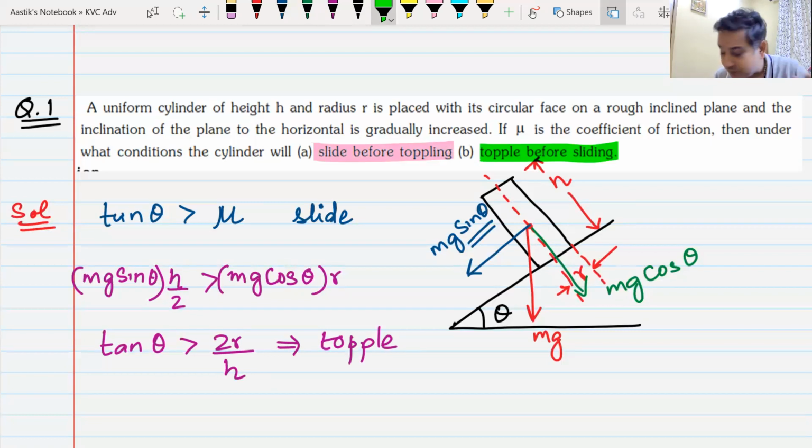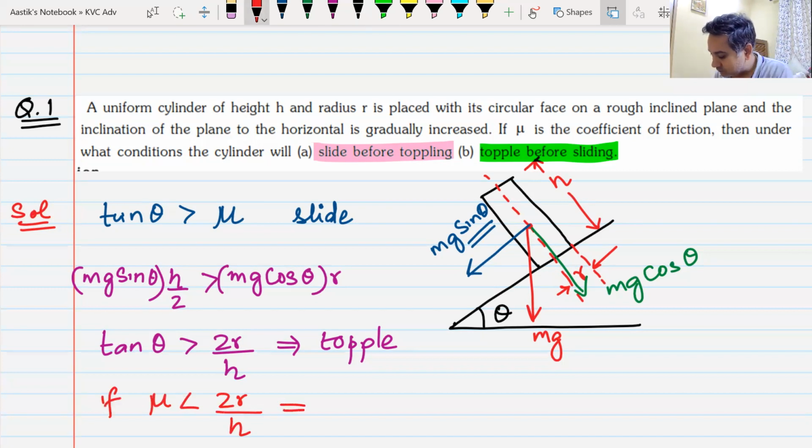When will it slide first and then topple? And when will it topple first and slide later? Common sense, no physics. If your mu is smaller than 2r by h, that means the floor is smoother, it will slide first. Yes or no? Yes, sir.